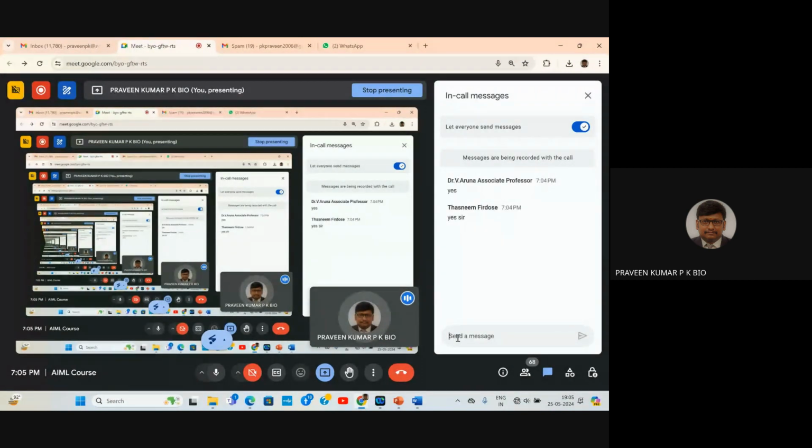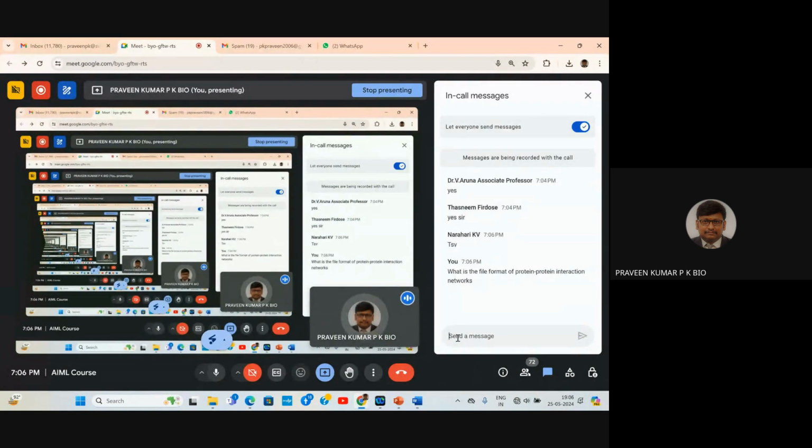What is the file format we can download from the database? My first question is, what is the file format of protein interaction networks? Very good. The answer is TSV, tab separated value file.